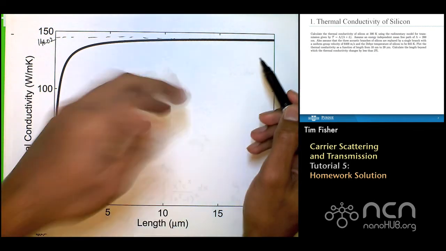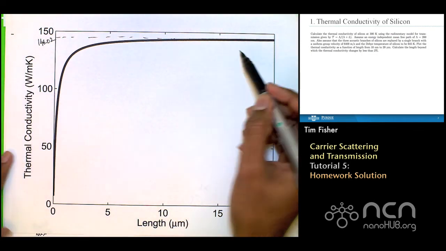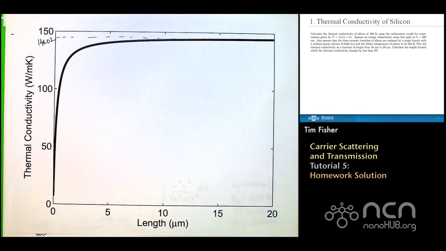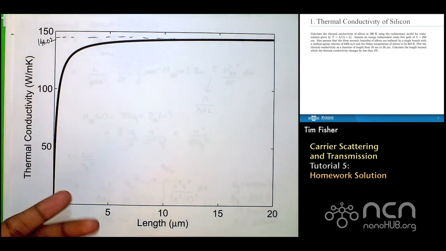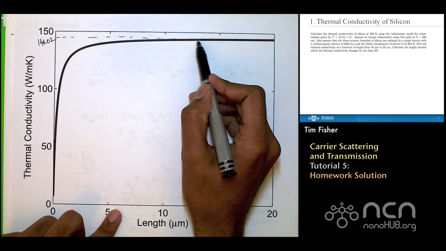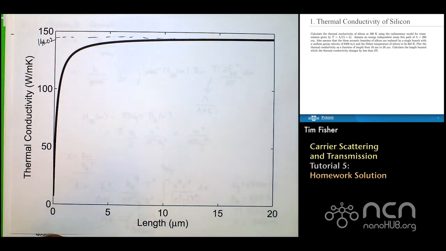It's within 2% of the bulk value. So that's the whole idea. As we increase the length, the thermal conductivity essentially becomes independent of length, since the curve flattens out and approaches the bulk value. And that's about it for this problem.